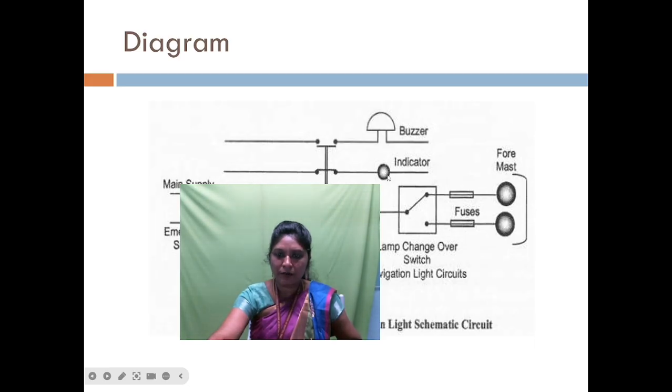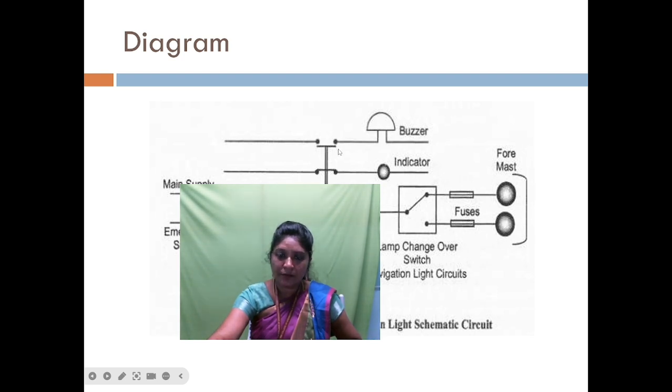Otherwise the indicator will give the warning that the lamp is defective. Normally the coil is energized during the normal condition.